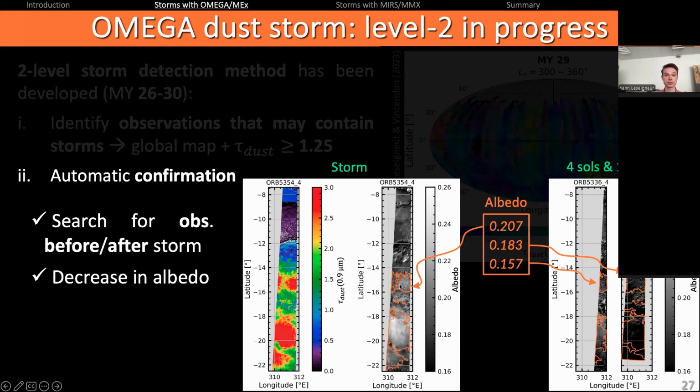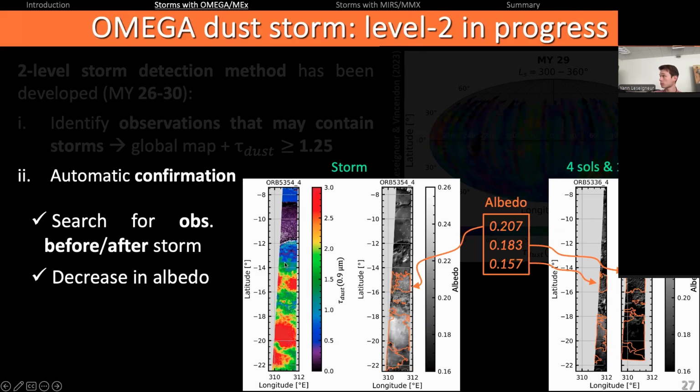So when we have dust, we have an increase of albedo. This method is based on searching for the observation before or after and comparing the albedo values inside these clusters of high amounts of atmospheric dust.